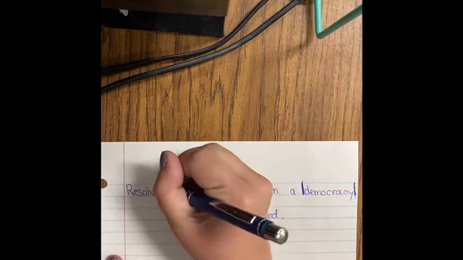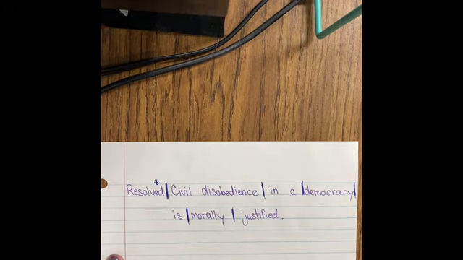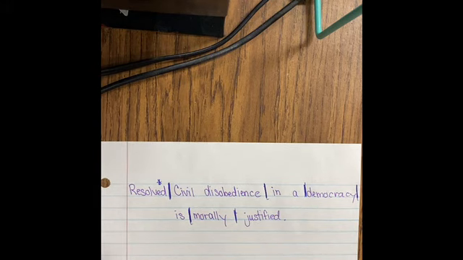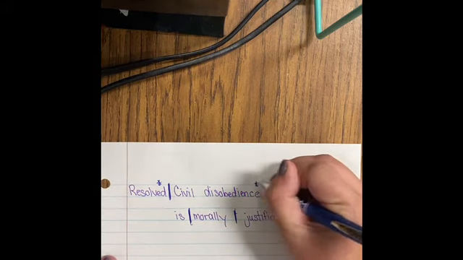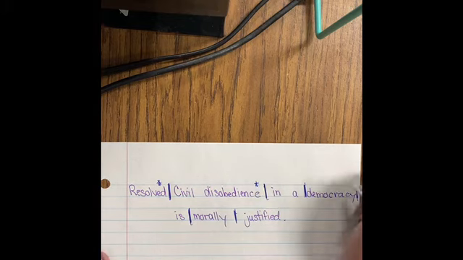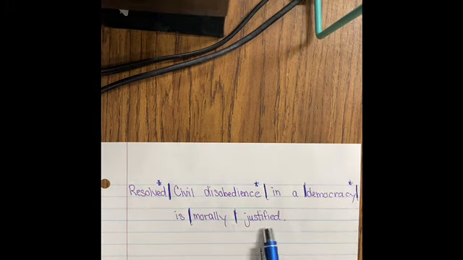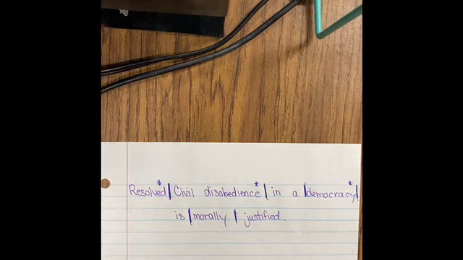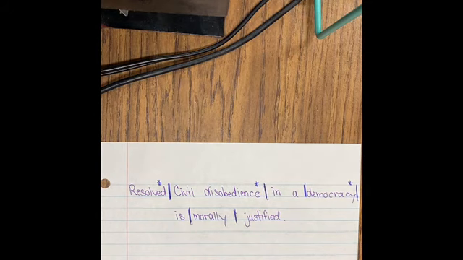So resolved means something different in the legal world than it does in the Webster's dictionary, as does civil disobedience. And then we're also going to look up the legal term for democracy. Morally and justified will be about the same in terms of legal definition versus Merriam-Webster's definition.